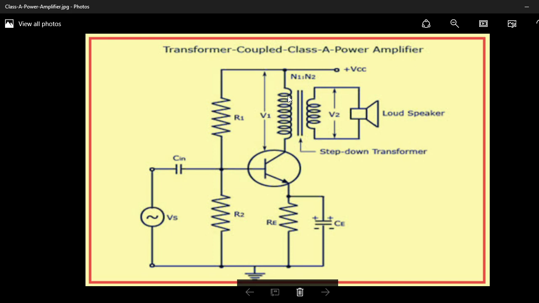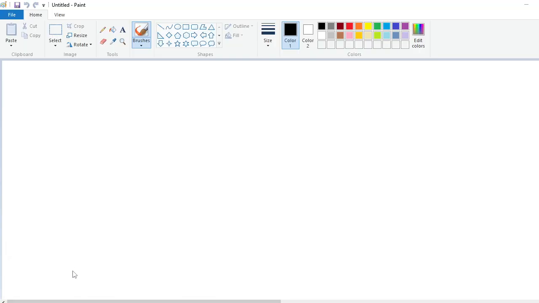So how it affects the efficiency, that I will explain in this video. Okay, so in series fed Class A amplifier, the load is collector resistance. So this is the load, collector resistance.